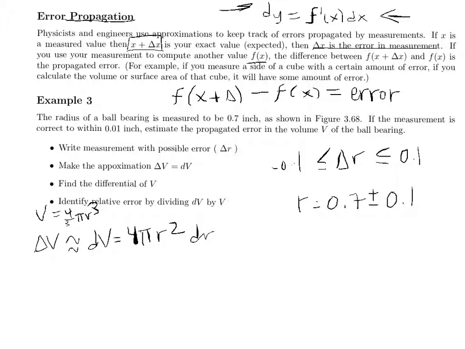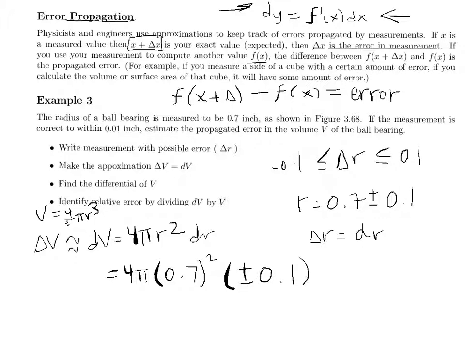We're also going to make the approximation that delta r is equal to dr. So plugging in 4 pi, and the radius we measured to be 0.7, squared, and then dr is plus or minus 0.1.